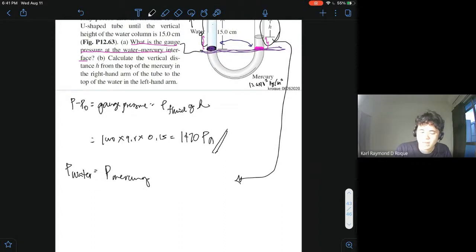So, meron na tayo, ito yung P water. P mercury is rho GH. Diba? P minus P not equals rho GH. So, rho GH.